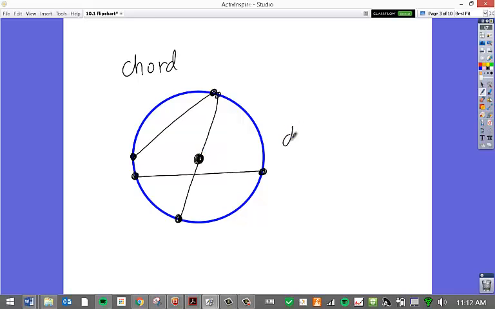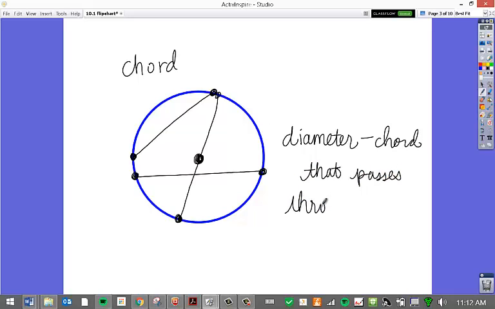So the diameter is a chord that passes through the center of the circle. So a diameter is a specific type of chord. And if you double your radius, it gives you the length of the diameter.